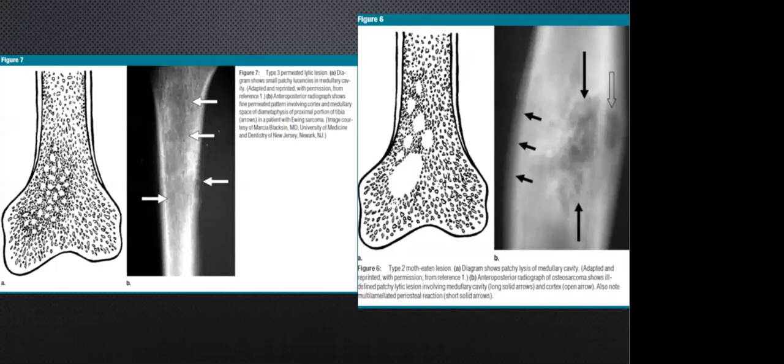It points to a malignant process, and at the right side we can see a type 2 moth-eaten lesion. The anterior posterior radiograph of osteosarcoma shows ill-defined patchy lytic lesions involving the medullary cavity and cortex, and we can see a multilamellated periosteal reaction.